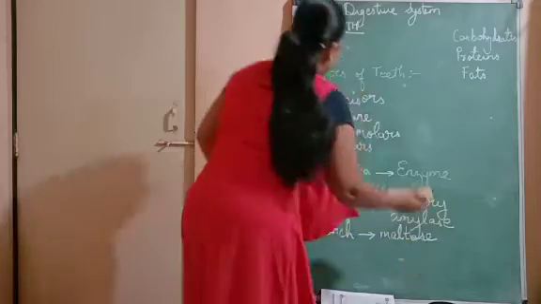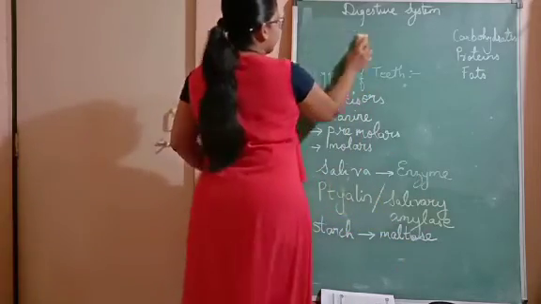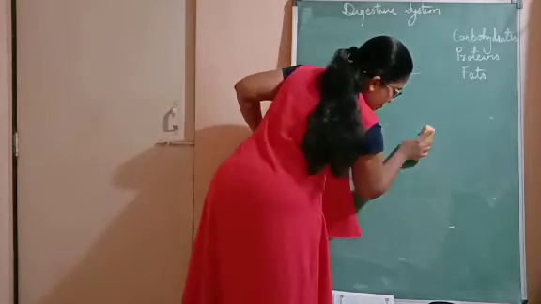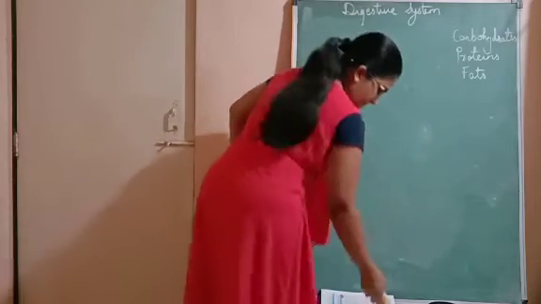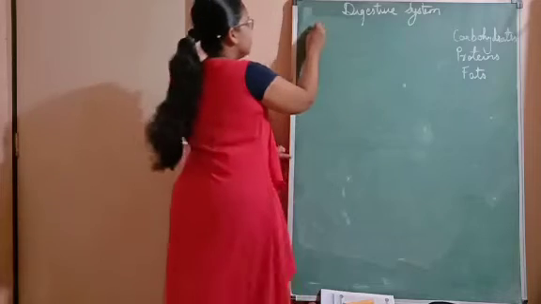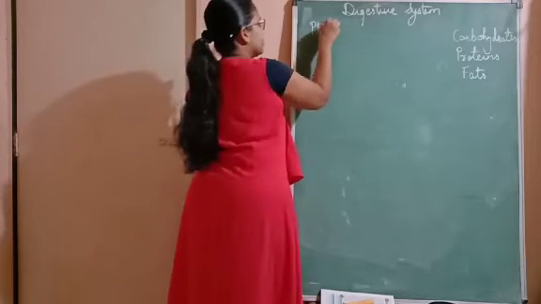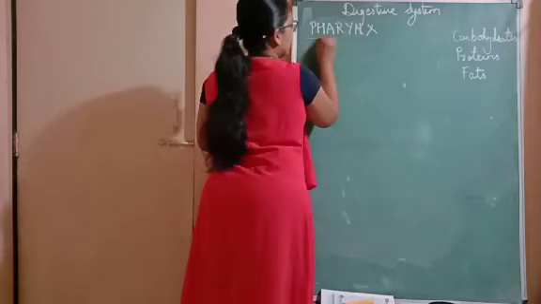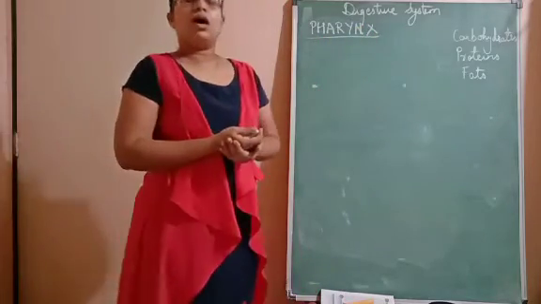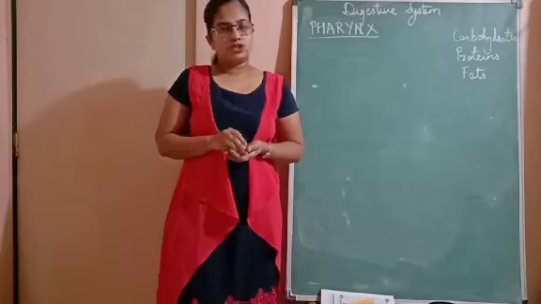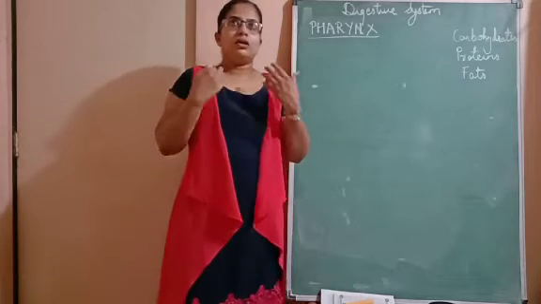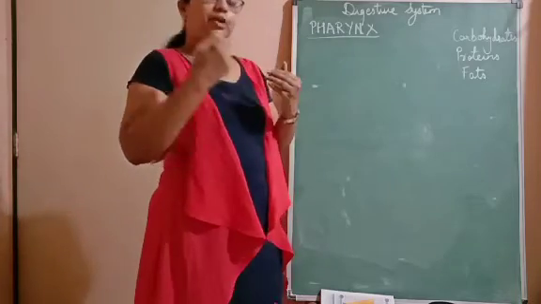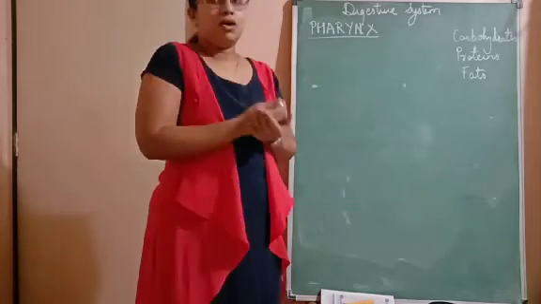After the mouth comes the pharynx. Now what does the pharynx do? The pharynx is present at the junction between your food pipe and the windpipe.